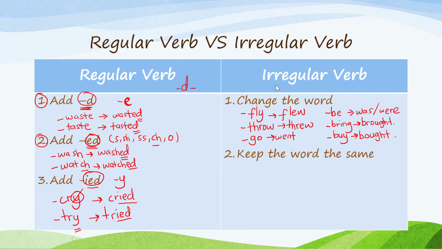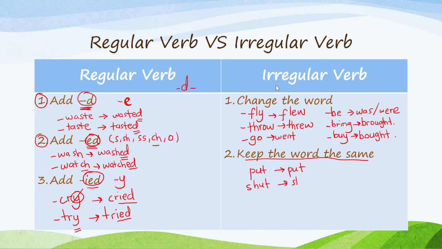Now, let's see, this is the most common verb that we used, and we don't have to change it if you want to change it to past form. For example, put. We don't have to change it. We just write it back, put. Same as shut.